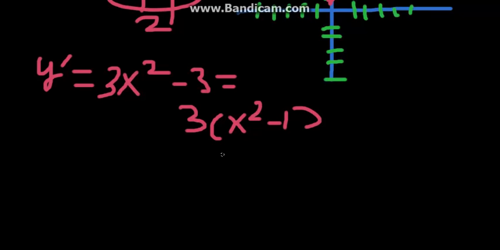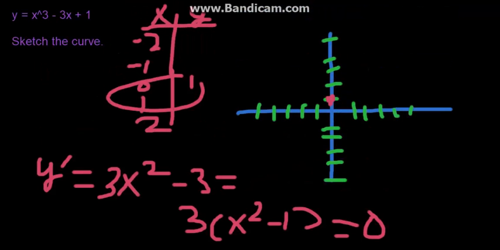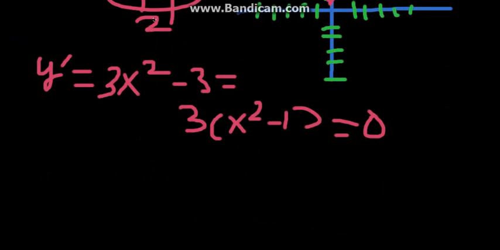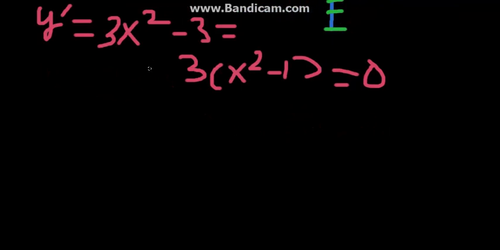Okay, so how are we going to make this equal to 0? Because we're looking for critical points right now, and possible undefined points, but it doesn't look like there's going to be any because it's not a fraction and there are no negative exponents.